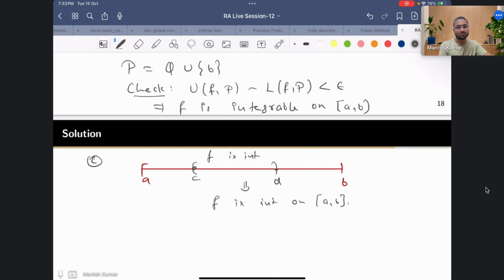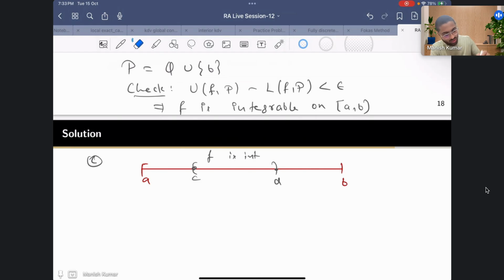No? Okay, so instead of working on this whole [a, b], I'll split the interval.